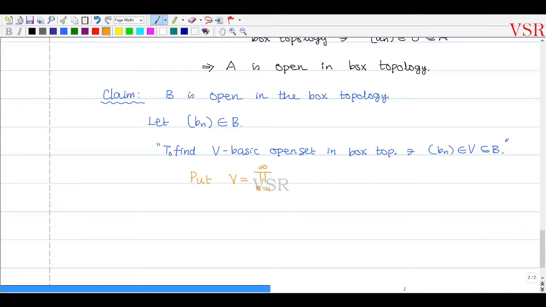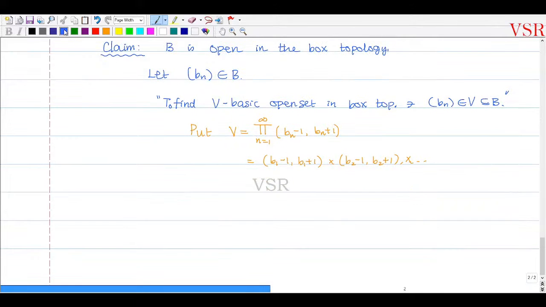Okay, so this is given by open interval bn minus 1 comma bn plus 1. இது ஒன்றும் இல்லைங்க. முதல் டேர்ம் யாரு அப்படின்னா this is b1 minus 1 comma b1 plus 1. ரெண்டாவது term b2 minus 1 comma b2 plus 1. இப்படியே இது cross product பண்ணிட்டே போகும். Okay. So clearly V is a basic open set.